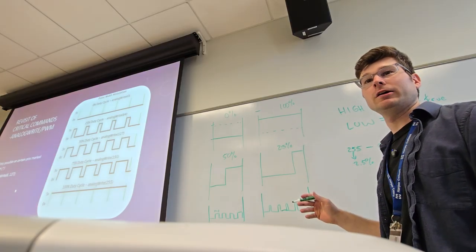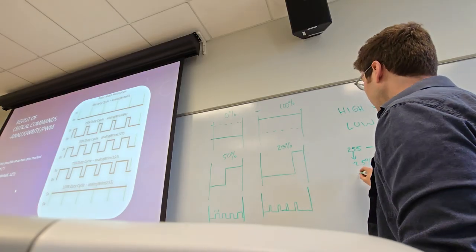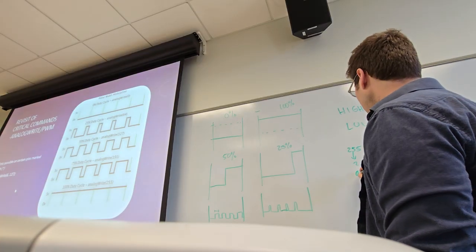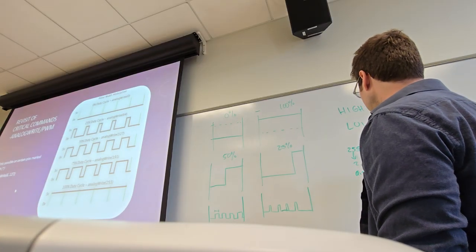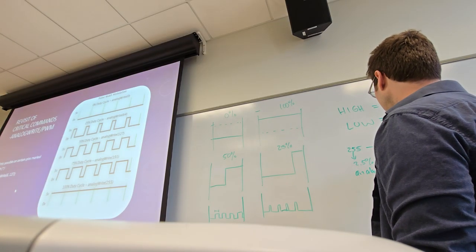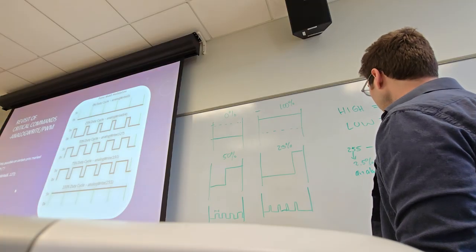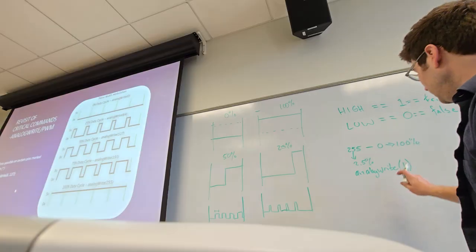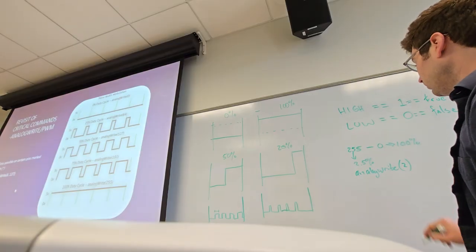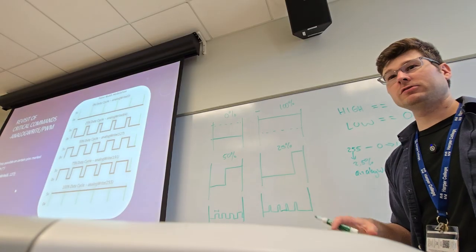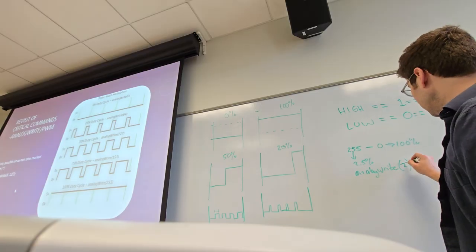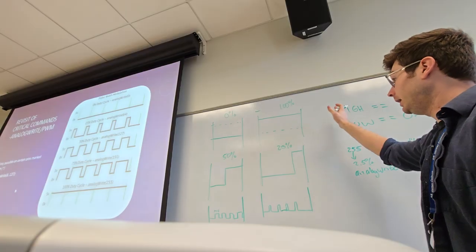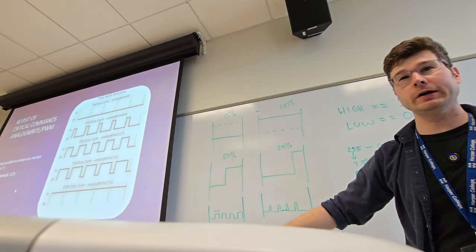If we say analog write 1, that would be a duty cycle of 2.5%. If we did analog write 2, that would be 5-ish%. If we did 255, that would be all the way on, and if we did 0, it would be all the way off.